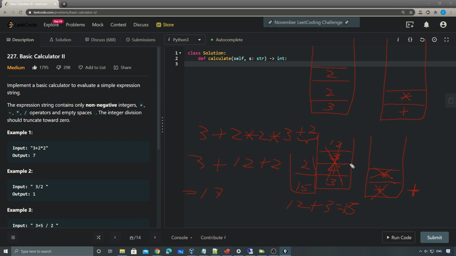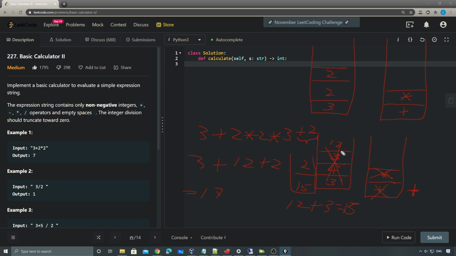So as you can see, the key logic for this kind of problem is that we have to know the priority between the current operator and the previous operators, and we can keep popping and calculating the previous tokens, as long as the current operator is not greater than the top operator on the stack.